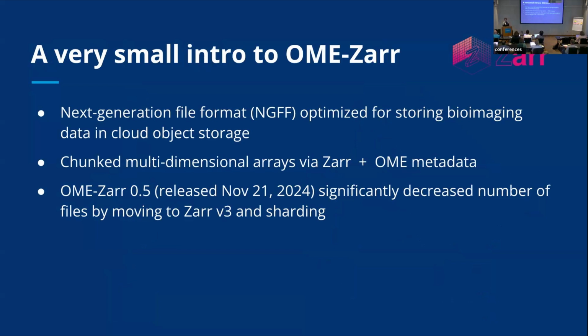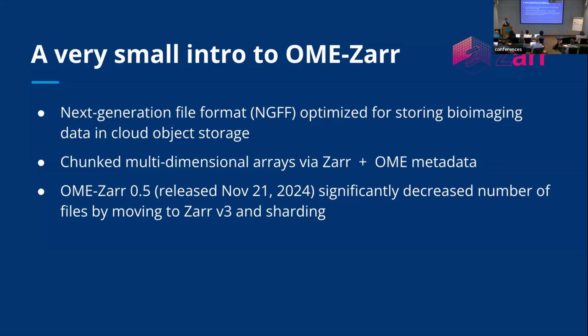It is considered a next generation file format. You'll sometimes see it as OME-NGFF. That is optimized for storing bioimaging data on the cloud and especially getting viewed by remote viewers. It uses Zarr to chunk multidimensional arrays and adds the OME metadata on top of that.